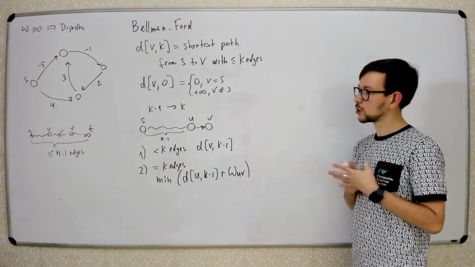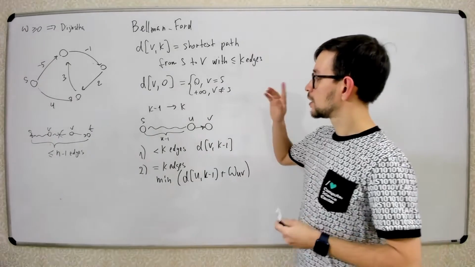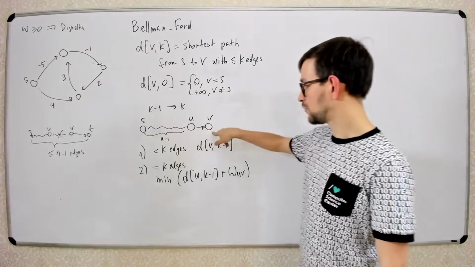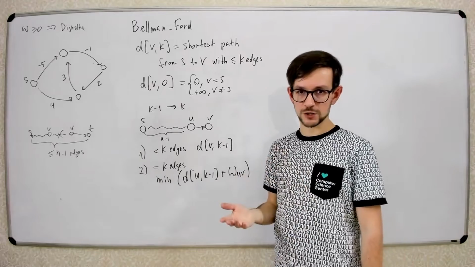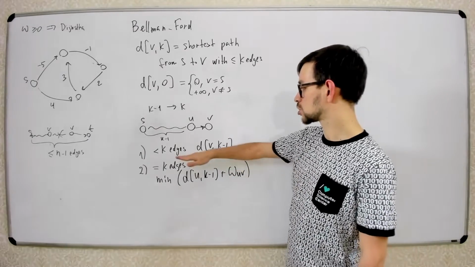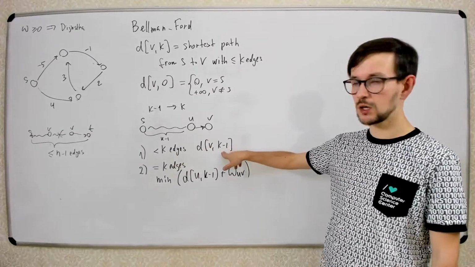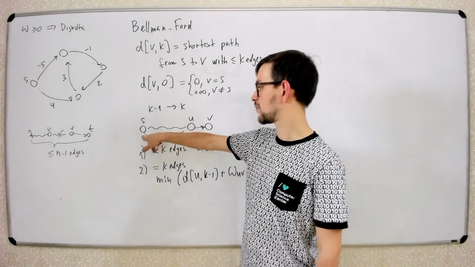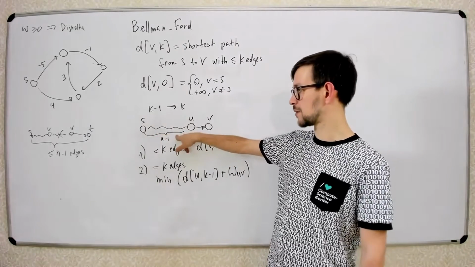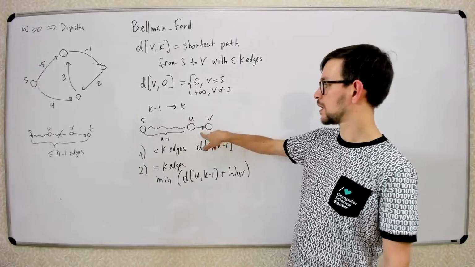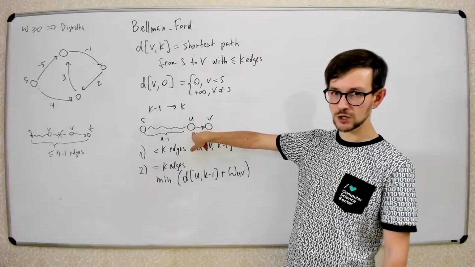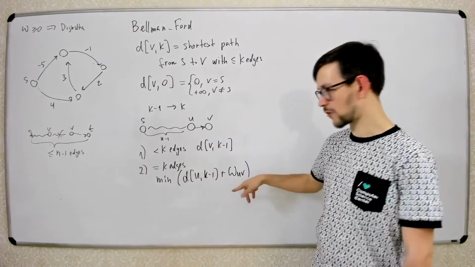That's how you calculate the shortest path. Again, the shortest path from S to V, which contains no more than k edges, will be either the shortest path of length at most k minus 1, or some shortest path from S to U of length at most k minus 1 plus one edge. We will iterate over this edge, and take the minimum of all these values.